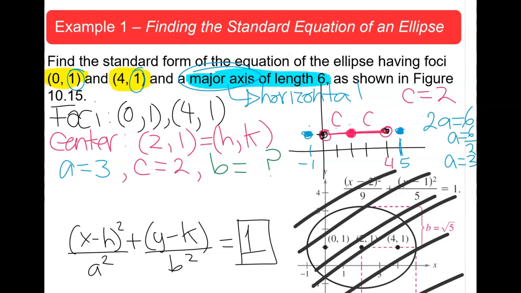So how do we find b? I'm going to go back to that formula that we had, and it said that a squared was equal to c squared plus b squared. Also, if we solve for b squared, we will have a squared minus c squared.